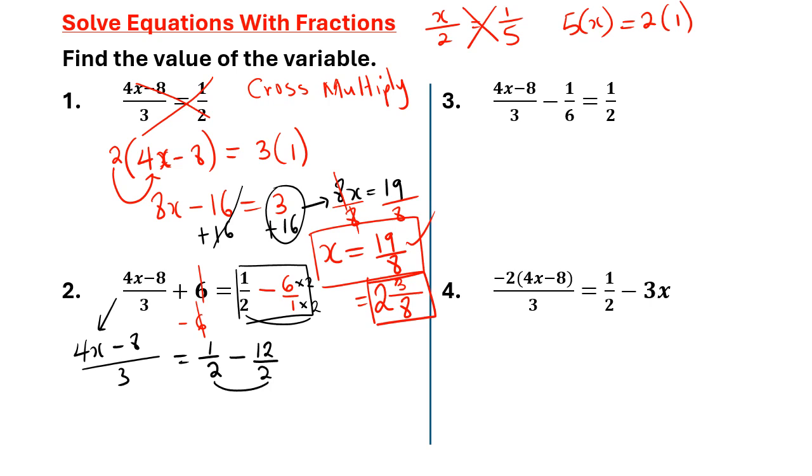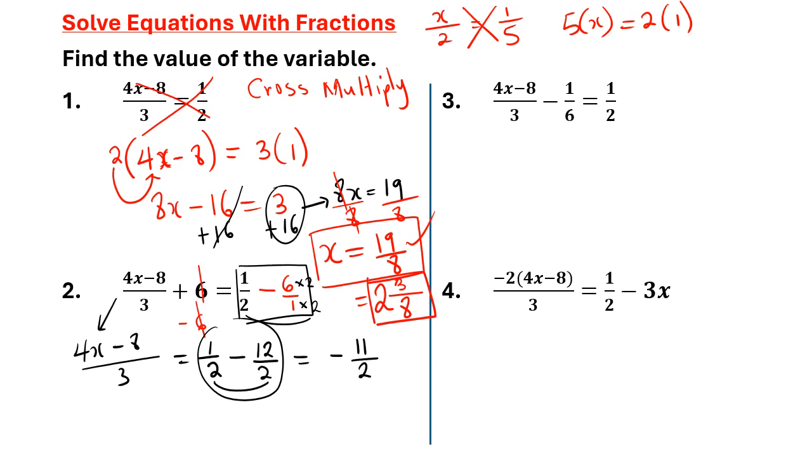Which means that on the right hand side here, I would end up with -11 over 2. So I will just do 1 minus 12, that's -11, and then 2 is the denominator, so I'll just repeat that too.